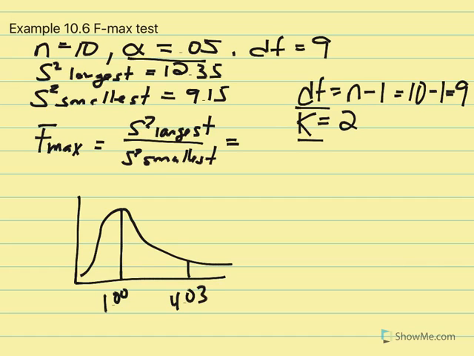And unlike the hypothesis test, we do not want our F statistic to fall in the critical region, this area in other words. We're hoping that it's close to the center, 1, because again, remember that the equation says that we're taking the largest variance divided by the smallest variance. And if they're equal, then the value should equal 1.